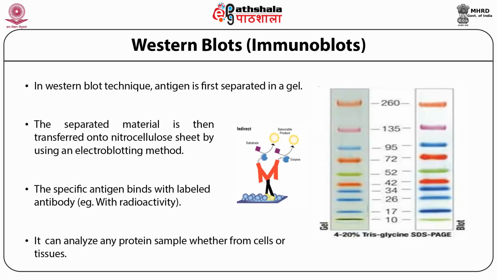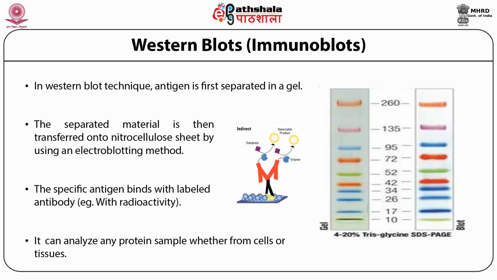This is a technique used routinely for knowing the protein reactivity in HIV infected people. In this case, the HIV virus lysate is run on electrophoresis, and the lysate gives rise to various proteins, from the envelope to various non-structural proteins.